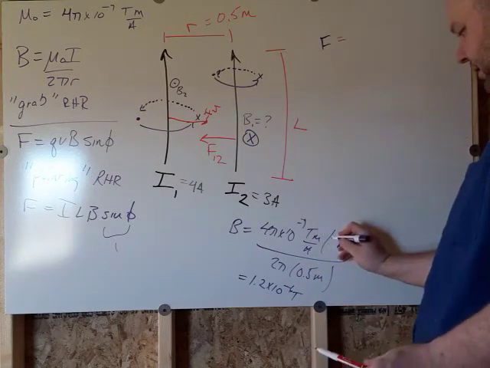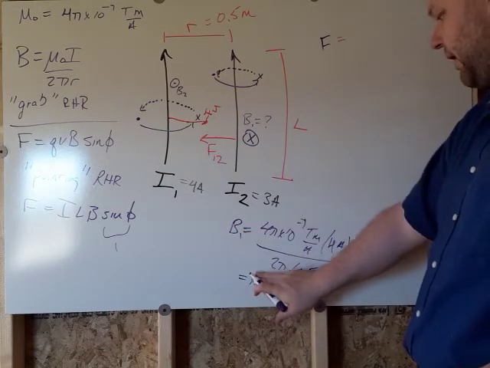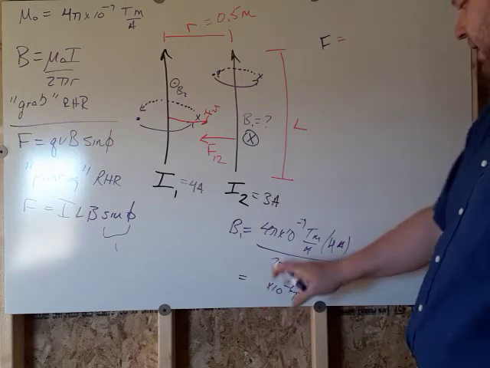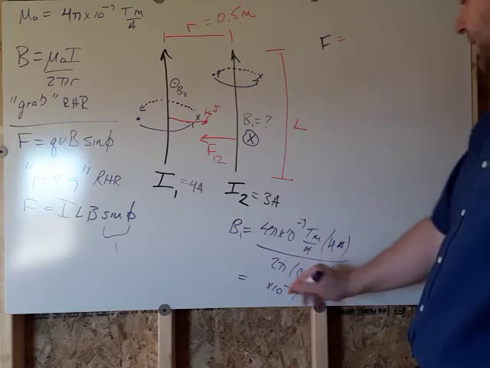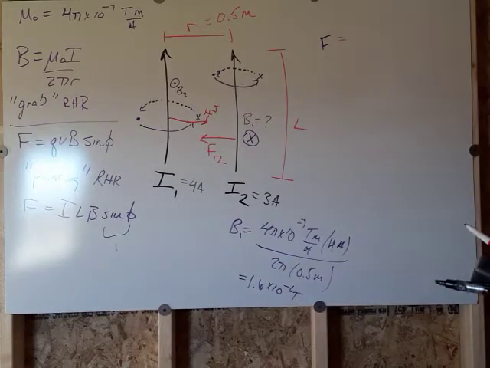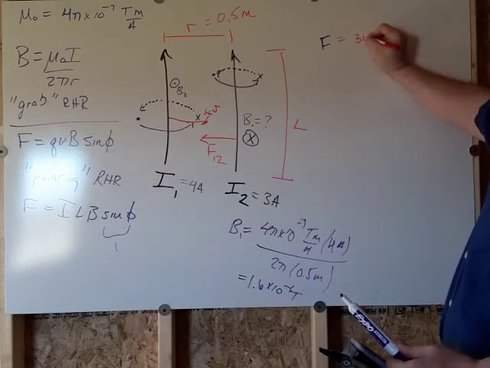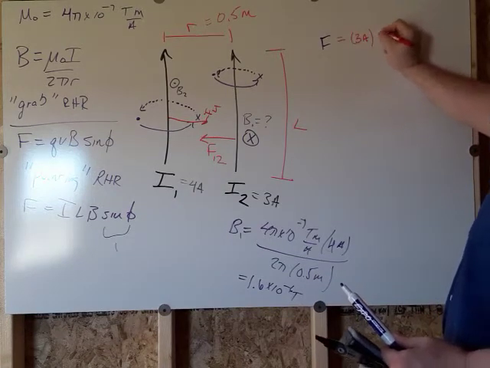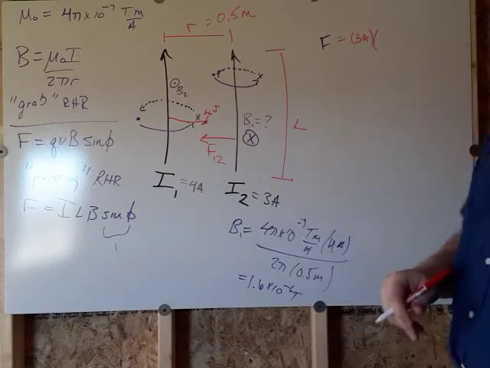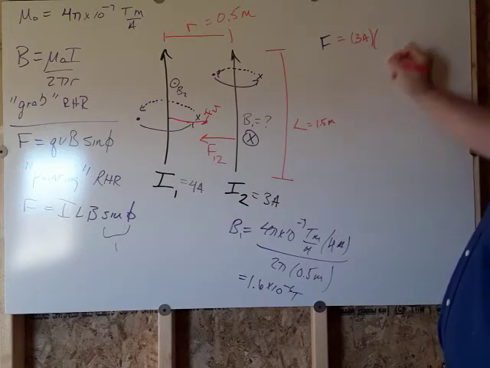There's a 4 here, because this is the field due to wire 1. So we'll have 2 times 4 is 8, times 2 is 16, 1.6. So this is going to be the current at I2 is 3 amps. The length here, we need a length, let's put in 1.5 meters.